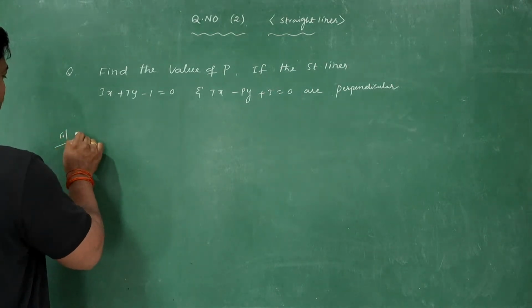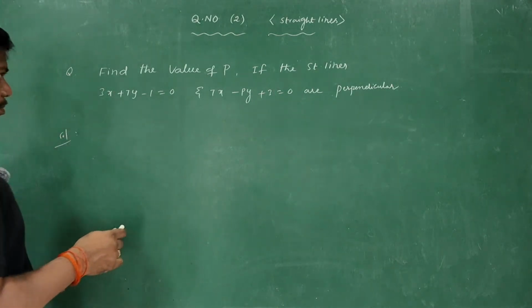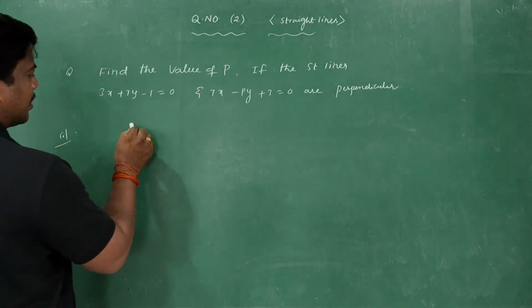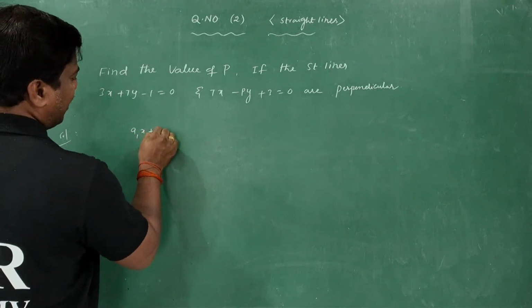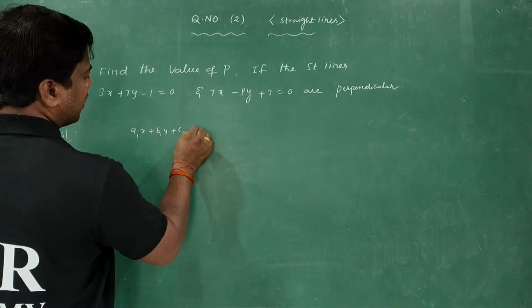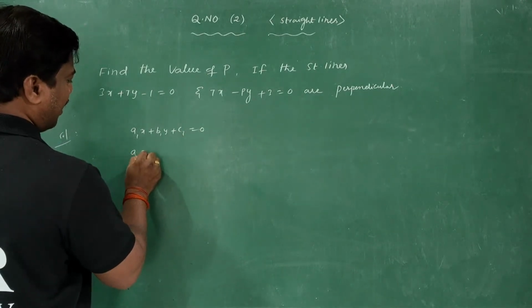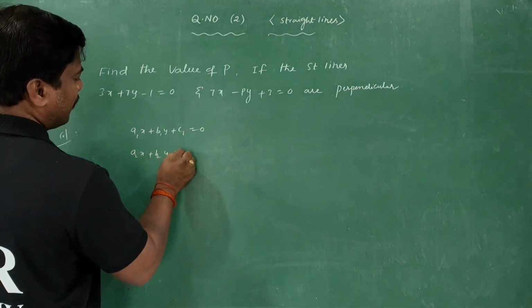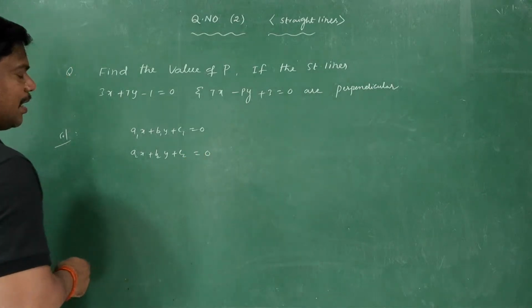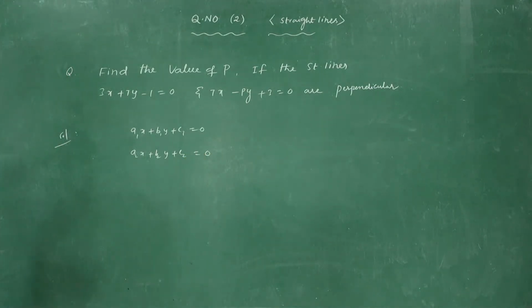See the solution. Suppose two lines a1x plus b1y plus c1 equal to 0 and a2x plus b2y plus c2 equal to 0. In general, two lines are of this form.